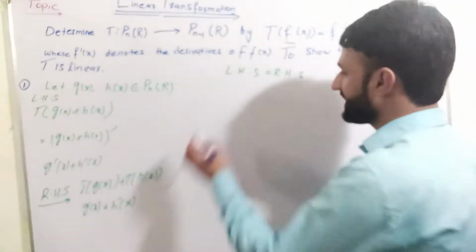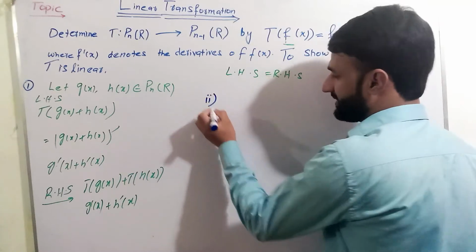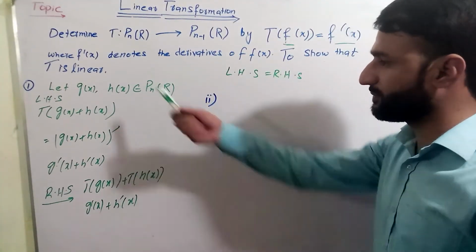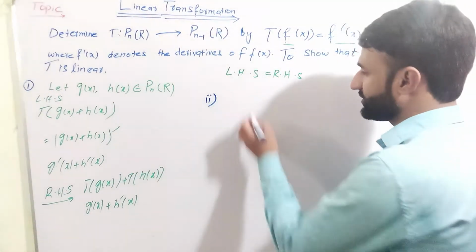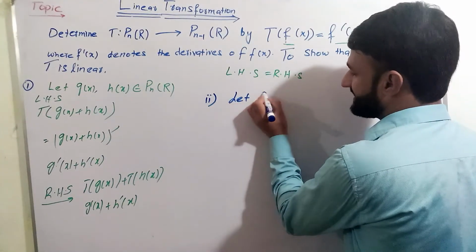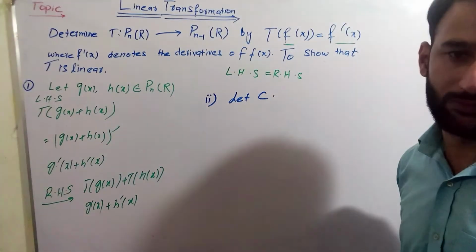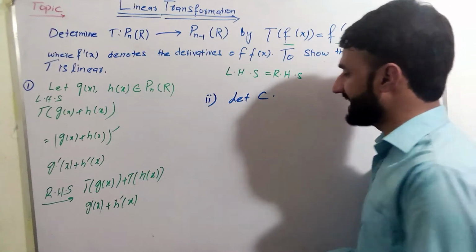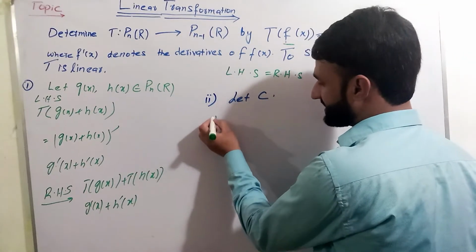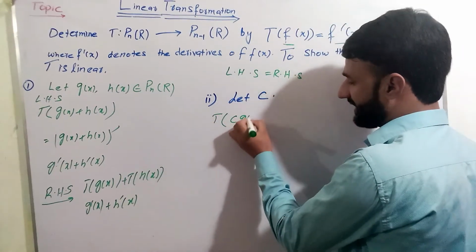Now we choose the second property. How can you prove the second property is linear or not? Let c be a scalar. The second property is that we apply the transformation to c into g of x.